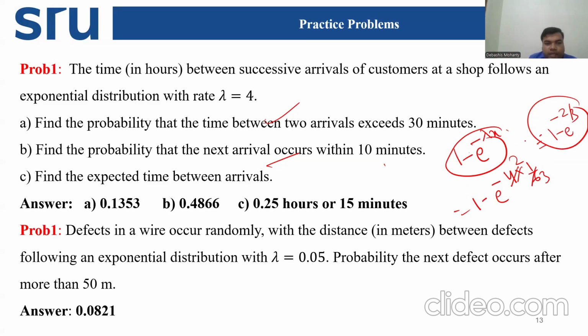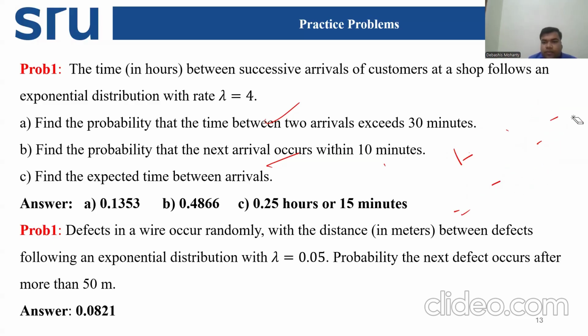Then find the expected time between arrivals. Expectation means E of x equals, what is the formula? Yes, E of x equals 1 by lambda, that is 1 by 4, which is 0.25, or 15 minutes also we can say.